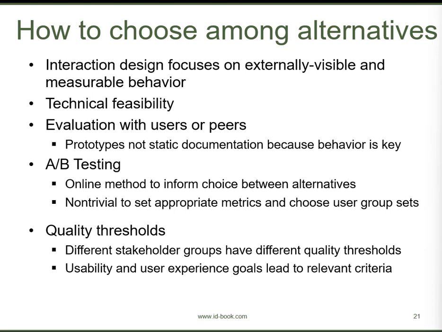So, how to choose among alternatives? One answer is by letting users and the stakeholders interact, by discussing their experiences, preferences, and suggestions for improvement. So the designer doesn't just decide alone, but with the help of other stakeholders.